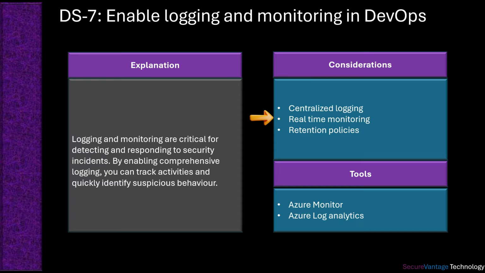You implement real-time monitoring to detect and respond to incidents promptly. You define log retention policies to meet compliance and auditing requirements. What tools can you use? Azure Monitor provides full-stack monitoring, advanced analytics, and intelligent insights. Azure Log Analytics aggregates and analyzes logs from various sources, which allows for detailed analysis and alerting.